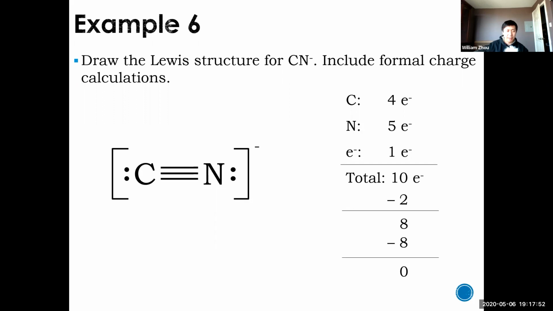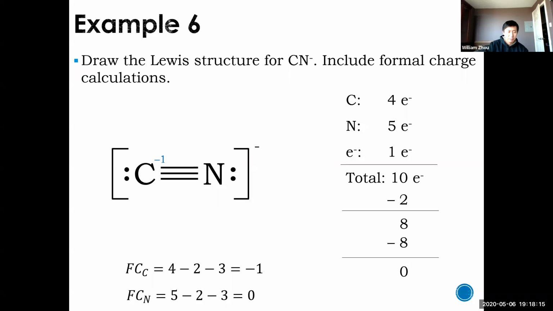All right, now let's check the formal charges. Carbon has 4 valence electrons. 2 of them are not in a bond, and you have 3 bonds, that's a -1. Nitrogen has 5 valence electrons. 2 of them are not in a bond, 3 of them are bonds, so you have 0. The net charge is -1, so the formal charges must add up to -1.